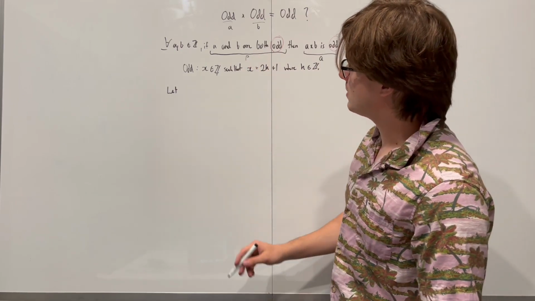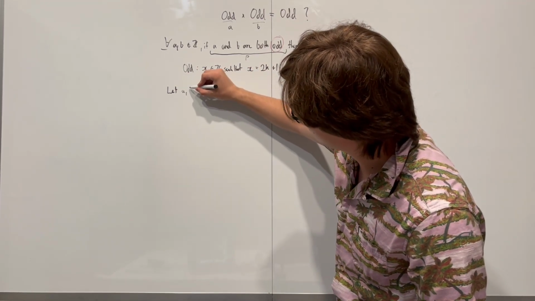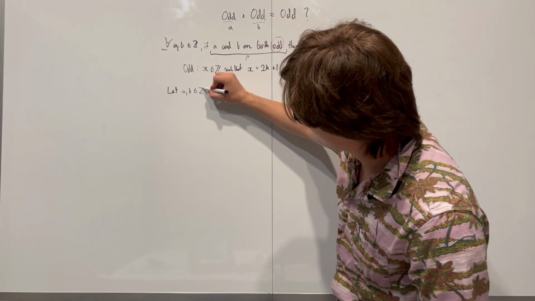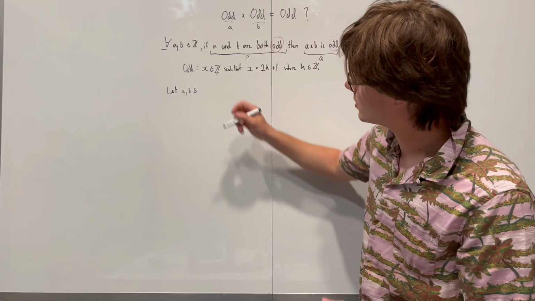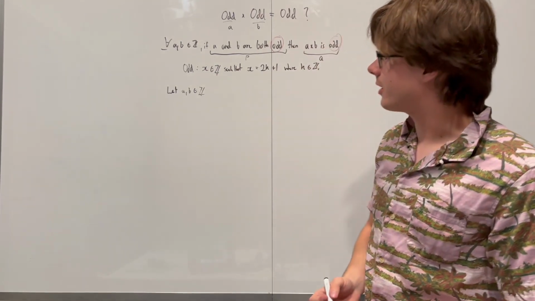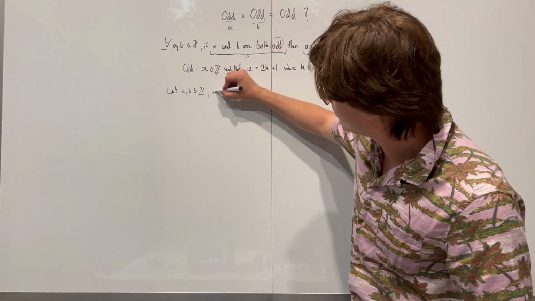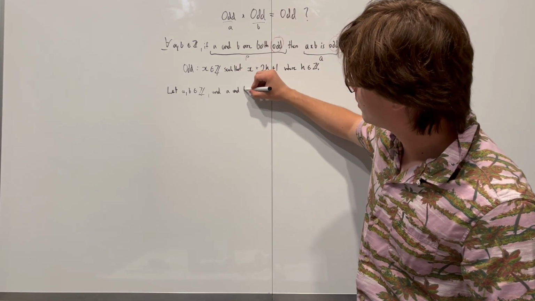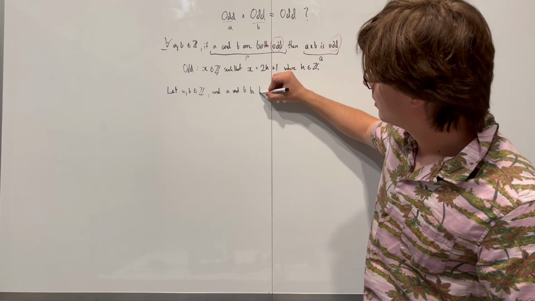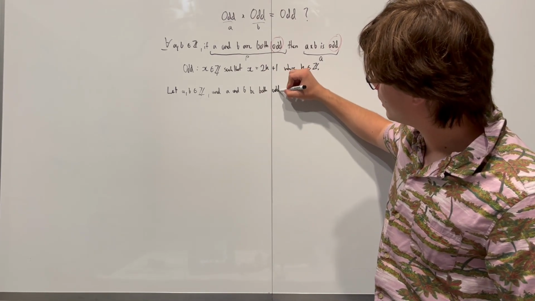So we're going to suppose P. We're going to start by saying let a and b be integers. Let a, b be in the set of integers. Let's write that Z a little nicer. Okay. And a and b be both, some alliteration there, odd.